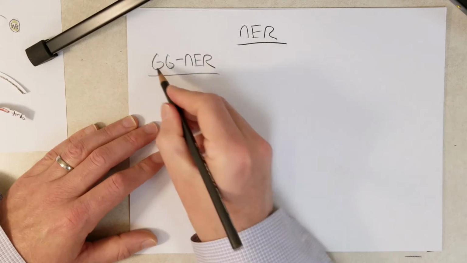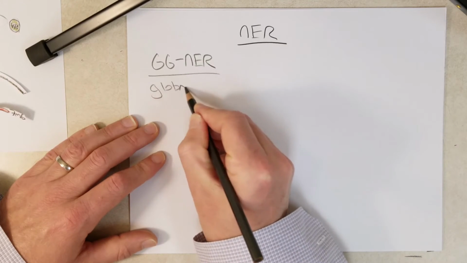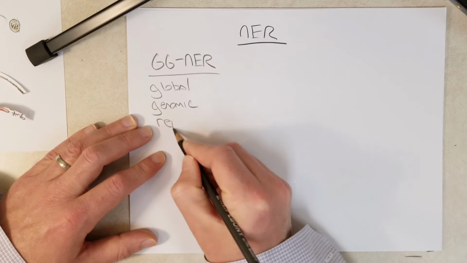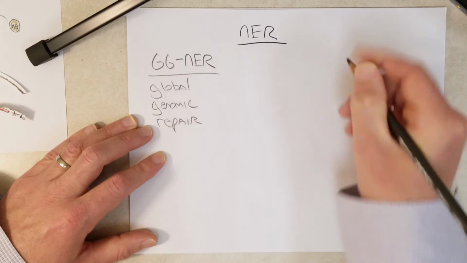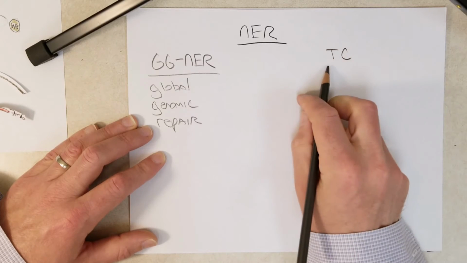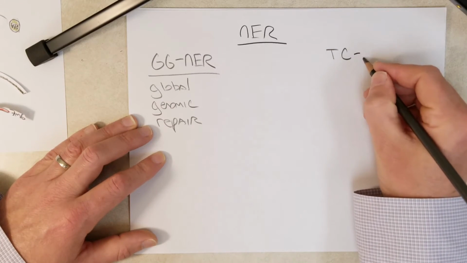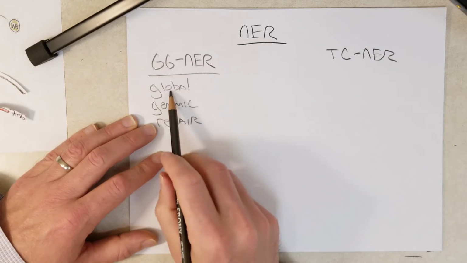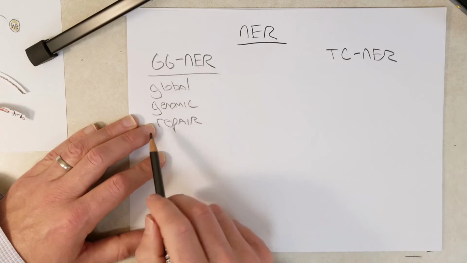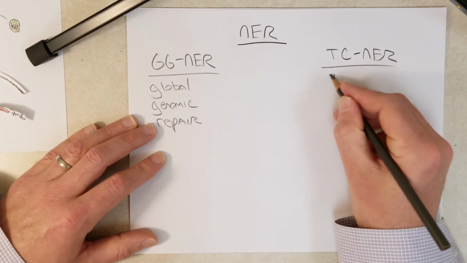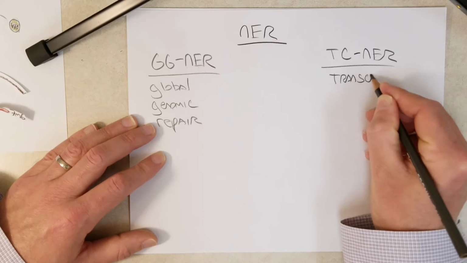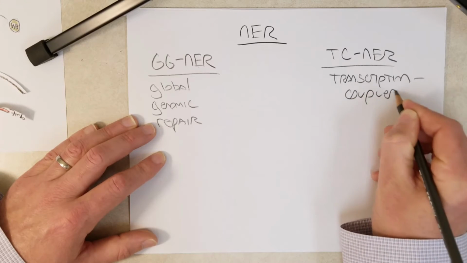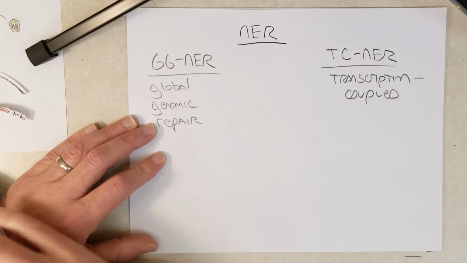One is called global genomic repair, and the other is called transcription coupled NER. So, I should say global genomic nucleotide excision repair and transcription coupled NER.